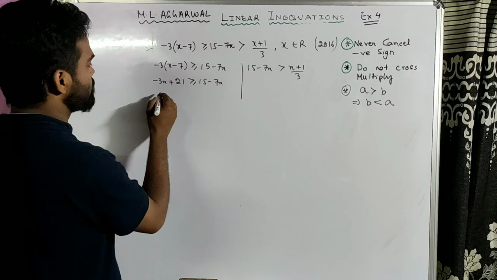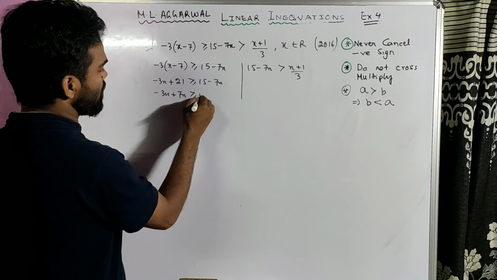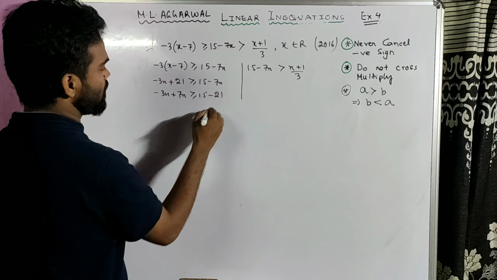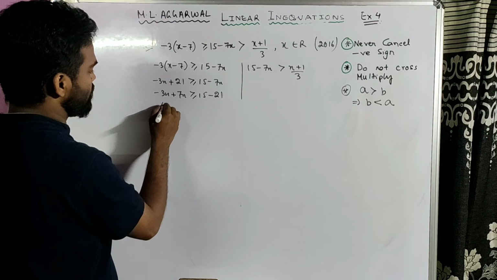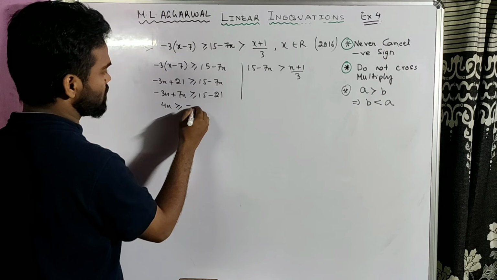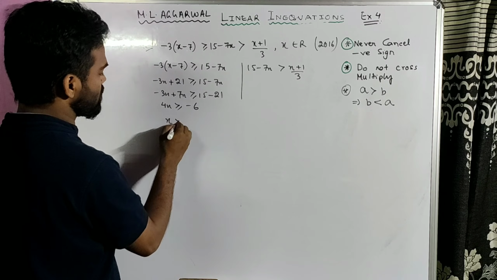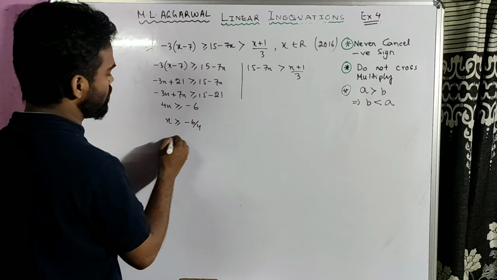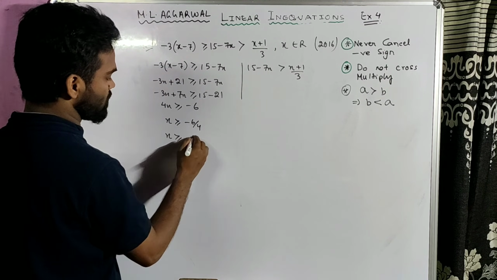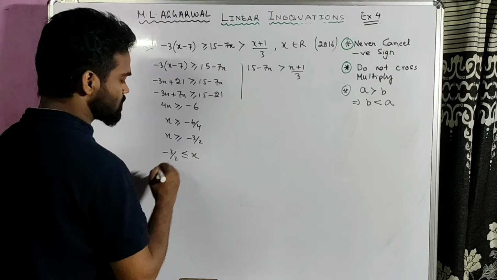I'll bring x on one side and numbers on the other side, so this becomes 4x greater than or equal to minus 6, which means x greater than or equal to minus 6 by 4, which means x greater than or equal to minus 3 by 2, which we can write as minus 3 by 2 less than or equal to x.